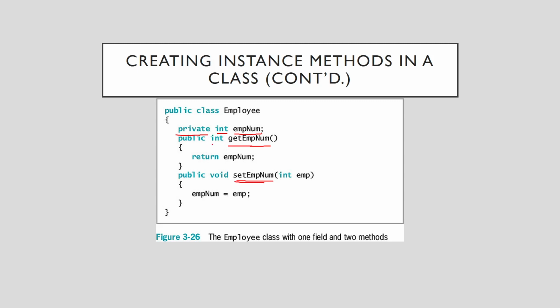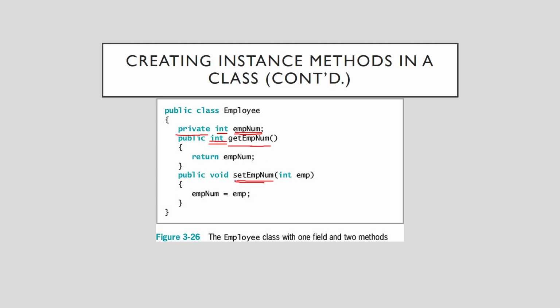Therefore, the type of method for this accessor method must be equal to the type of the field being declared. Just like this one, since empNum is being declared as integer, the accessor method must be of type integer, a value returning method, right?